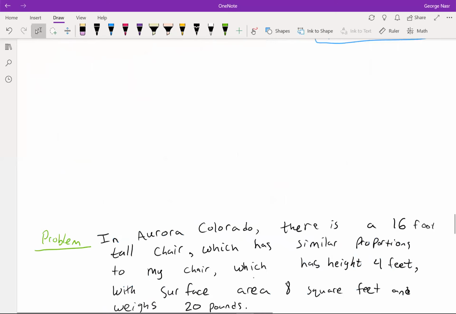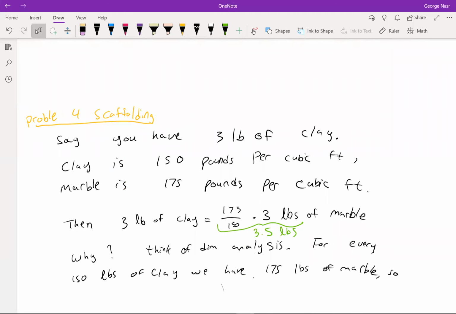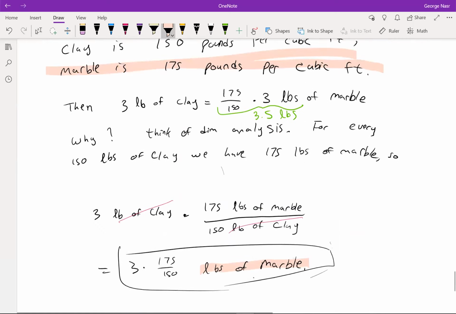Sorry, maybe for context, the problem is about a sculpture made of clay in a scale model, and you want to make the big thing out of marble. So when you do the process, you end up finding the weight of a full-sized sculpture, but made of clay. You then have to do one more extra step to convert it to marble, which is what I've done here.